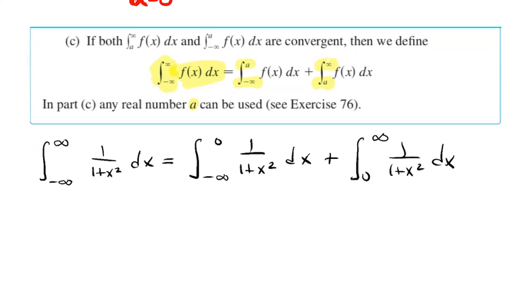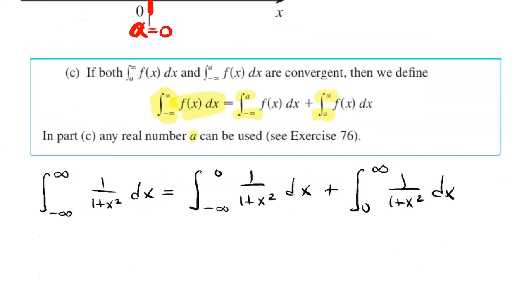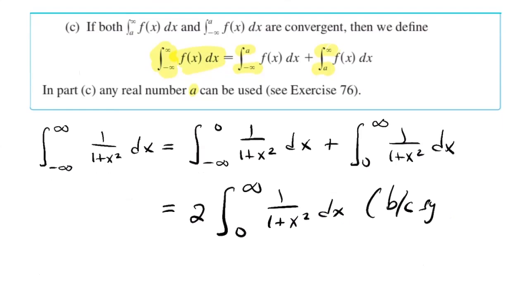But this next step is true because of this symmetry. Because of this symmetry, these two numbers, if they're finite, are equal, because this is the area on the left and that's the area on the right. So this would equal 2 times the integral from 0 to infinity, but that's special. I'm going to emphasize it here: because of symmetry. That's not true in general.